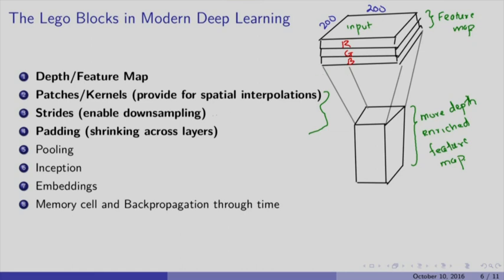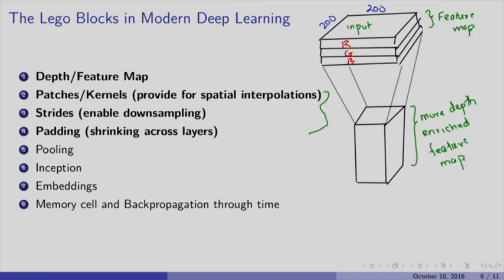And finally, padding leads to some shrinking across layers, and this is attributable to the patches. As you move the patches at intervals determined by the strides, you will find that some part of the input either needs to be ignored or needs to be padded with zeros. So this padding leads to a kind of shrinking across the layers.